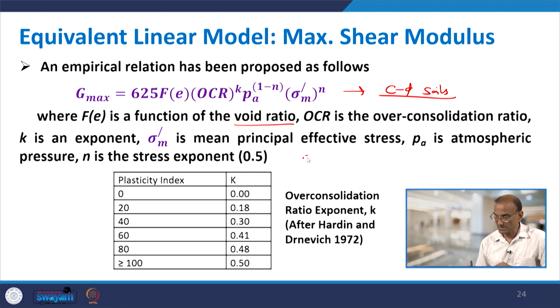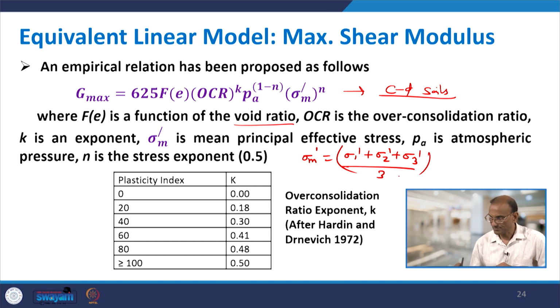Because you have three principal stresses, sigma m is given by sigma 1 plus sigma 2 plus sigma 3 divided by 3, the average of these three, where all three are the effective major, intermediate, and minor principal stresses. The sum of these three divided by 3 is your mean effective principal stress.